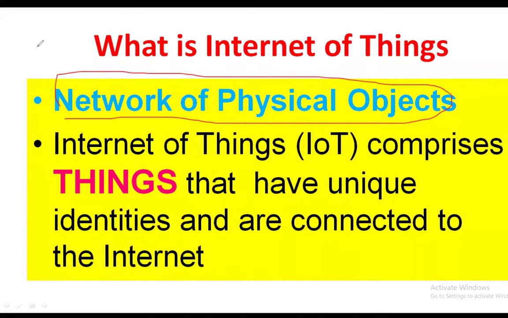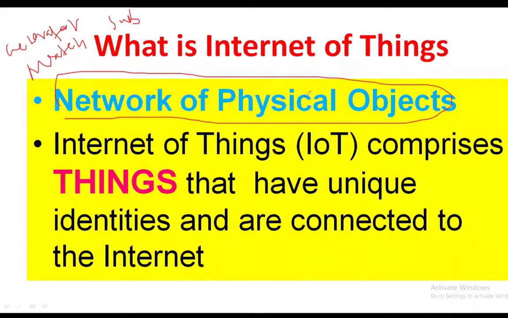Things like a diesel generator, a watch, or a bulb. When we connect these things to the internet, they can communicate and share information.